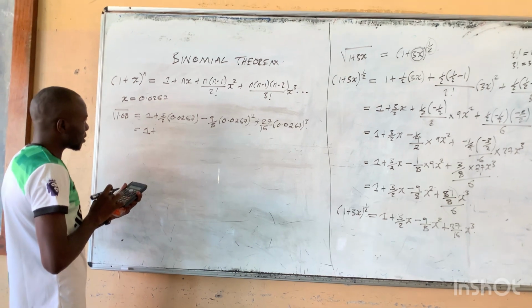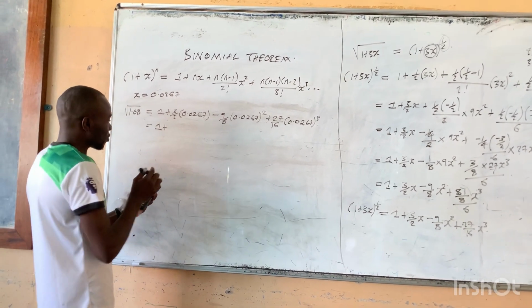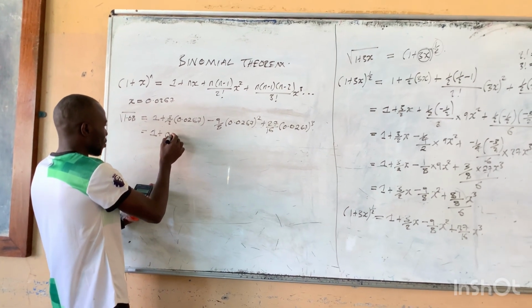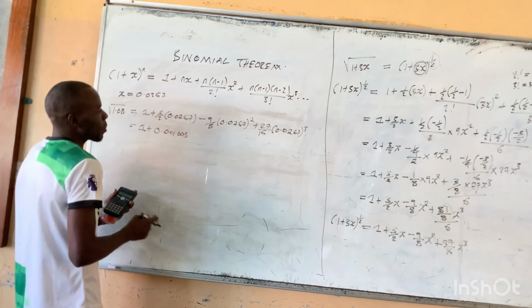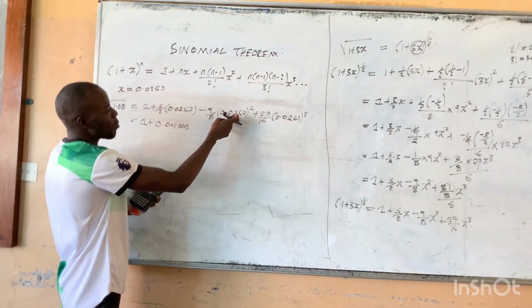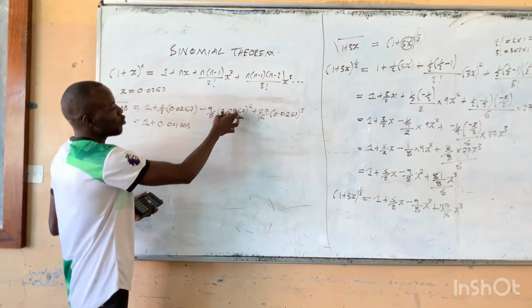So this one is giving me 0.0405. Then before you multiply this with 9 over 8, you need to square it.